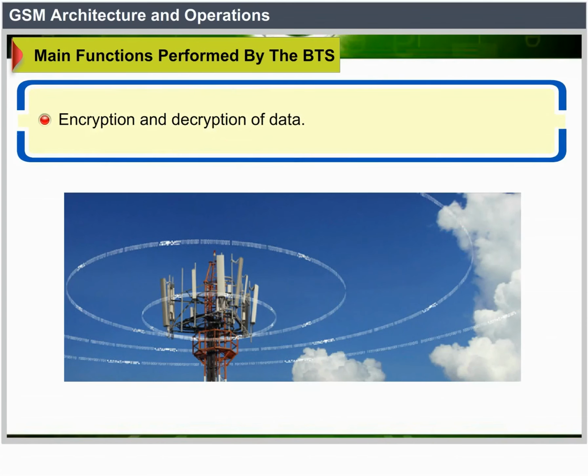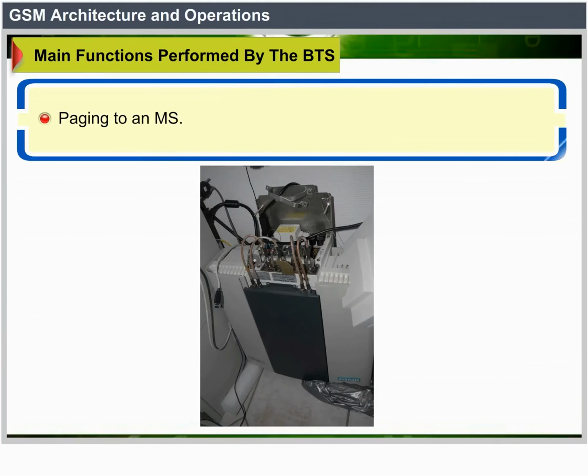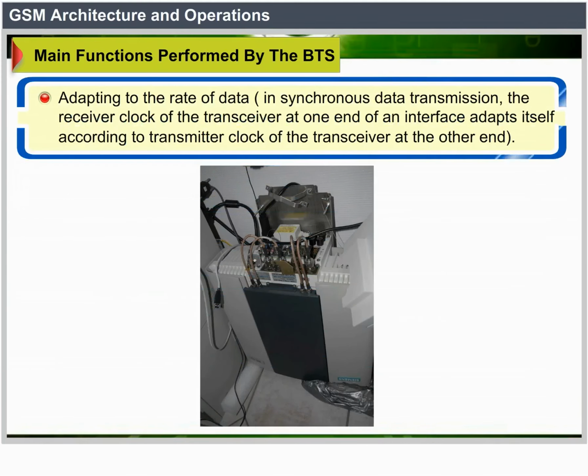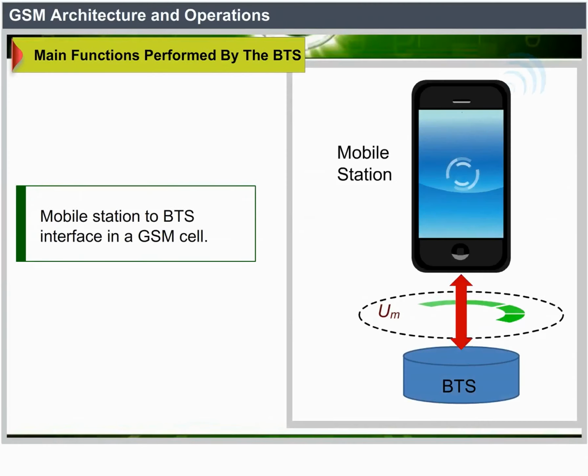Encryption and decryption of data. Paging to an MS. Adapting to the rate of data. In synchronous data transmission, the receiver clock of the transceiver at one end of an interface adapts itself according to the transmitter clock of the transceiver at the other end. Mobile station to BTS interface in a GSM cell.